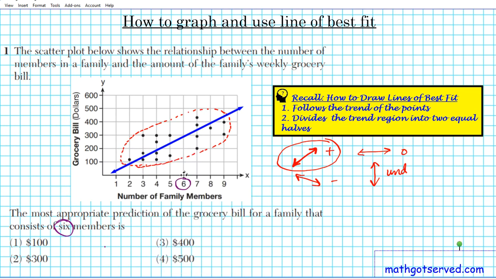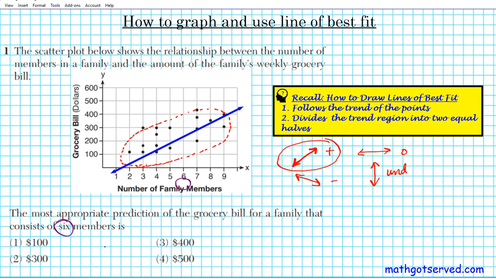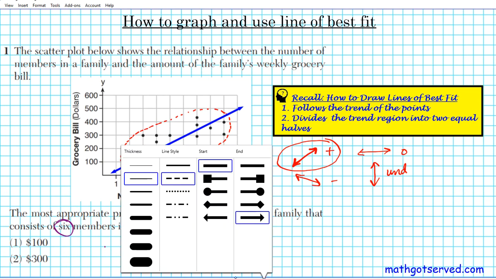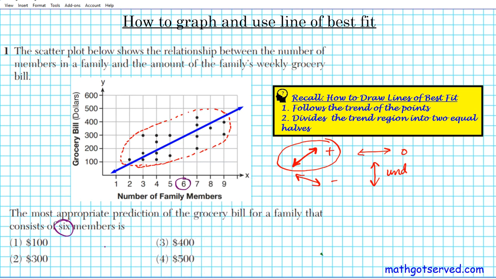All right. So you trace your input value directly to the line, and then you trace from the line to the y-axis. So this is your input to the line right here, and then your output is the horizontal line right to your y-axis.